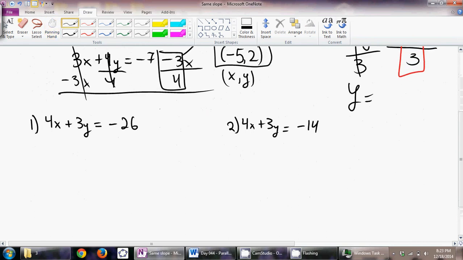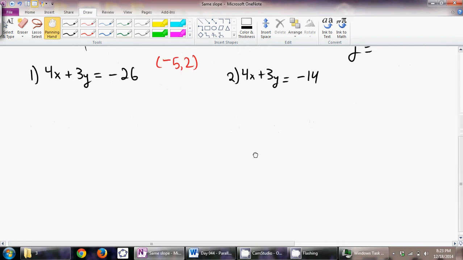So I want to know if minus 5, comma 2 works. So I'm going to substitute these x and y values into each equation. I'll do it one at a time. So x is minus 5. This will become 4 times minus 5 plus 3 times that 2 equals minus 26.